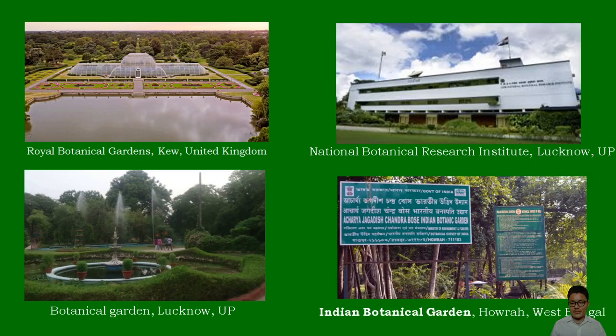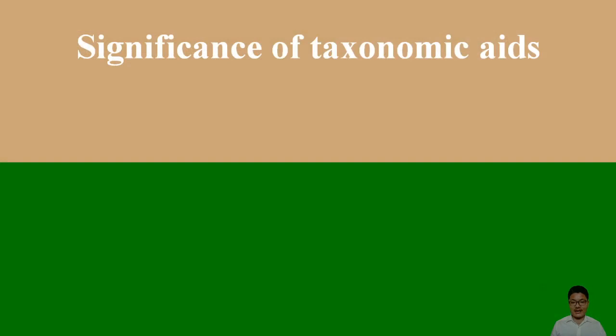One of the famous botanical gardens in India is the Indian Botanical Garden, which is there in Howrah in the state of West Bengal. Now these are some of the images of different botanical gardens and research institutes which are popular in the world and in India.